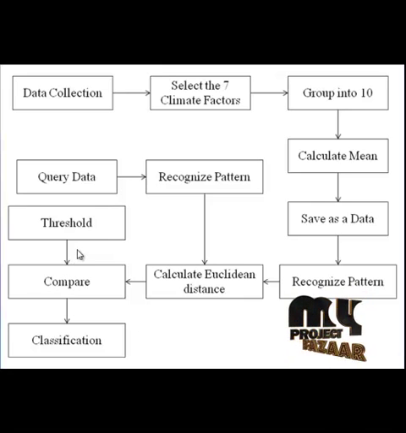If the input data is within some range, then it is displayed as one category, and if it is in a different range, then it is displayed as another. So we are classifying the patterns into storm, cyclone, normal day, dry day, rainy day, like that. We are classifying the input weather data based on the pattern recognized, comparing it with the equivalent distance measure.